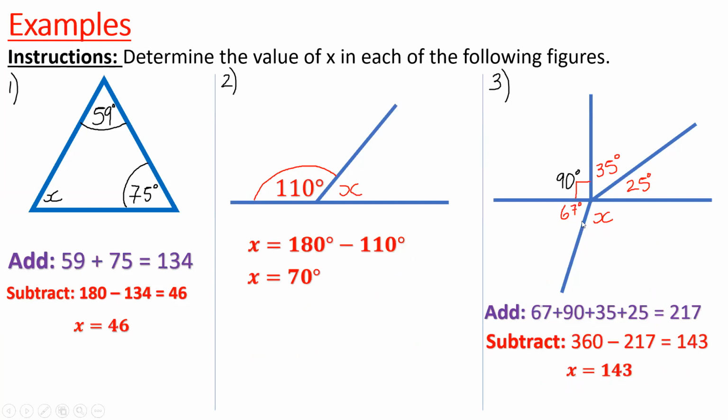That gives us 217. Then we subtract it from 360, which gives us 143. Okay, good.